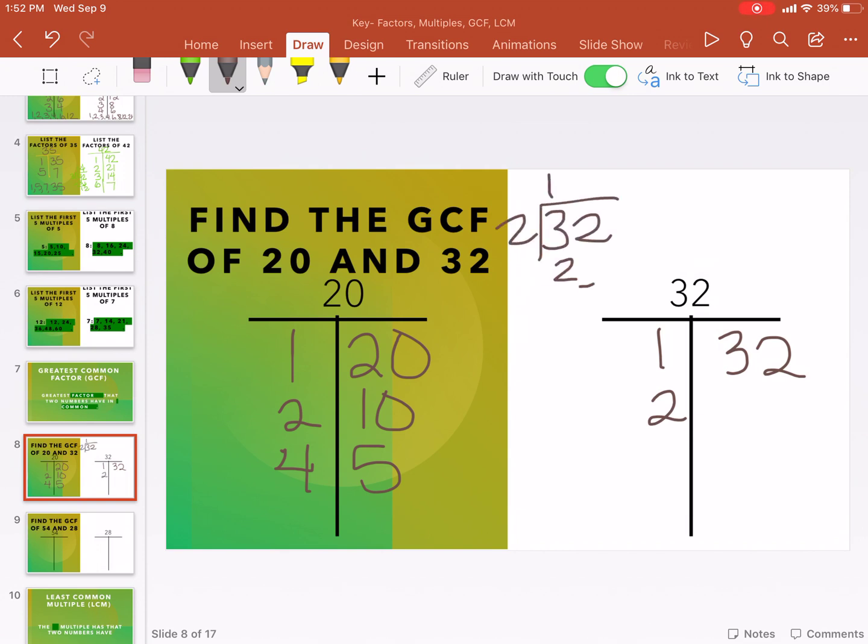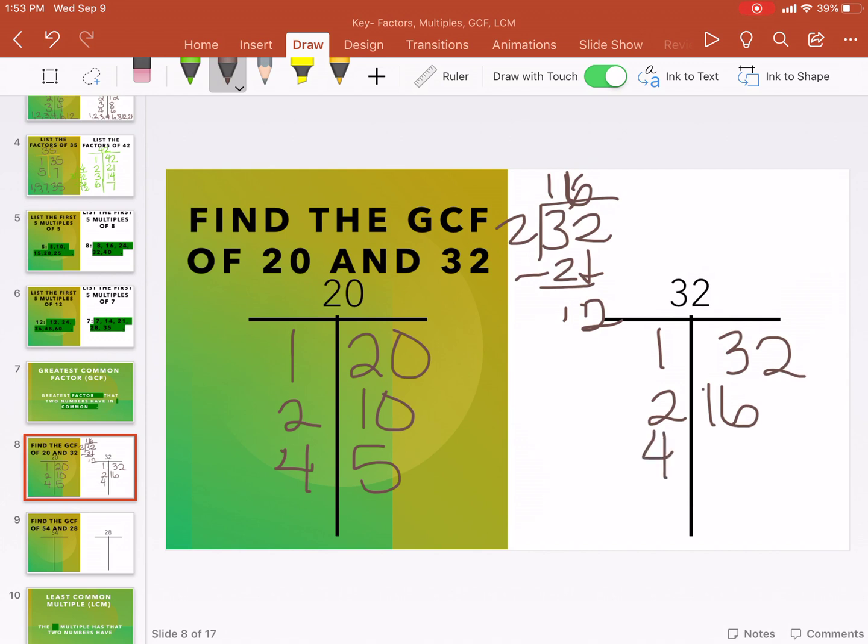This goes in one time, 1 left over. 16. 3 won't go in. 4. Will 4 work? I want you to go ahead and think about it. Well, 4, 8. I know 20 works, and then that would be 24, 28, 32.